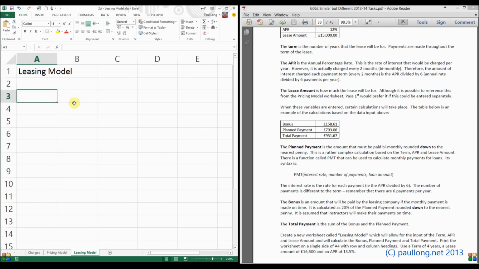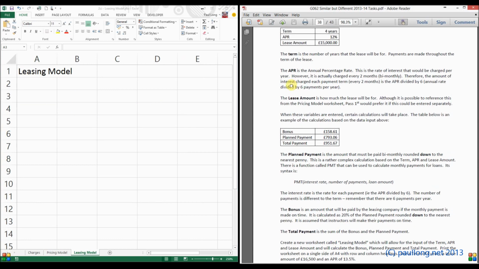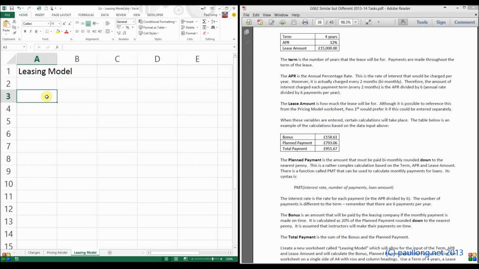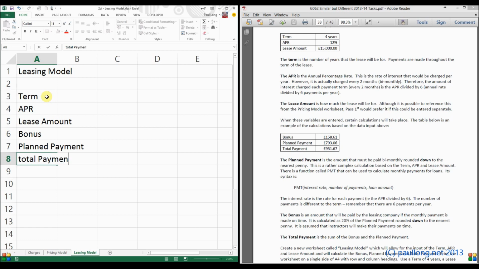So the first thing really to do is start putting in the data, the space of the variables and where we're going to put the calculations. So we need space of the term for the APR, the lease amount, the bonus, planned payment and the total payment. Let's just correct that.